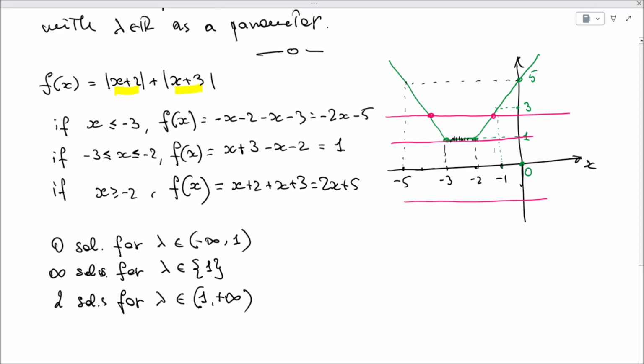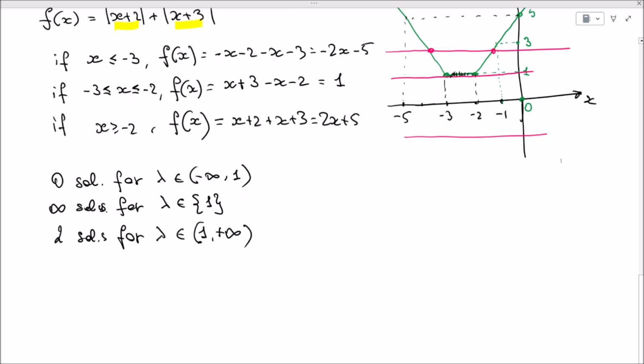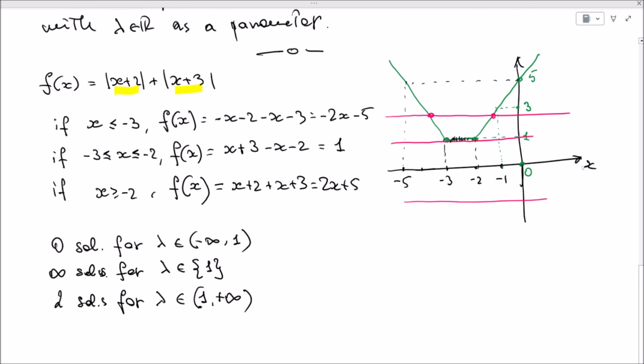As another interesting observation regarding this function, we could try to evaluate the image and pre-image of some intervals. So let's say that we have our graph, x and y here.